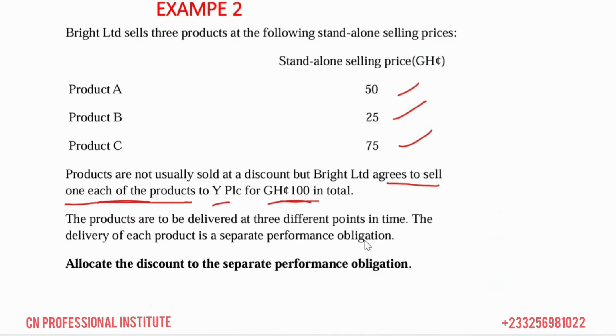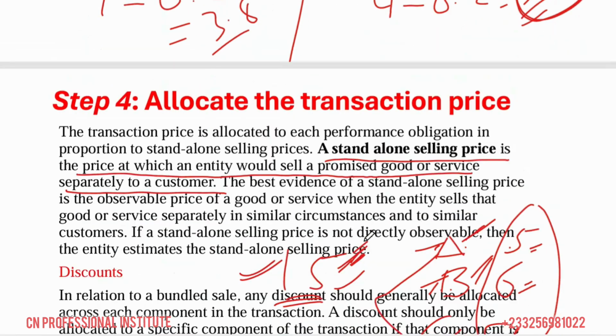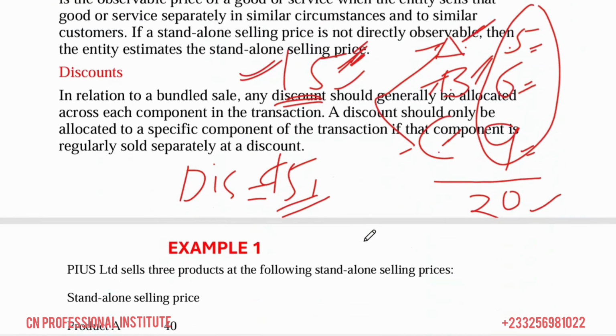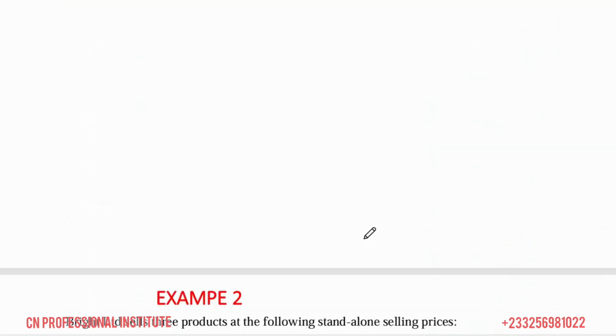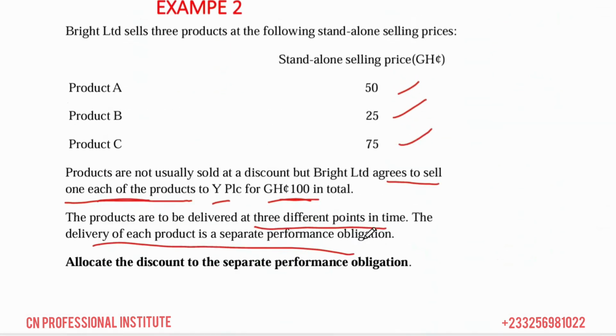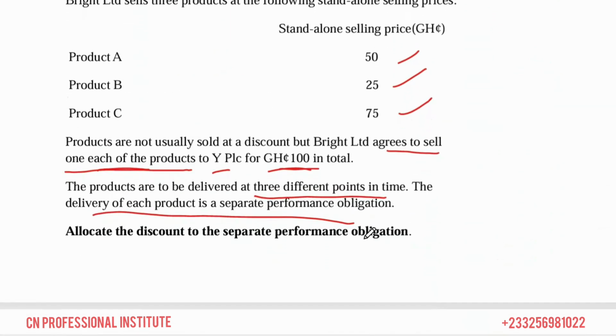The products are delivered at 3 different points in time. The delivery of each product is a separate performance obligation. If you look at step 4, we shall allocate the transaction price to separate performance obligations. Are you following? So we are told that each of the 3 products, A, B, and C, are separate performance obligations.